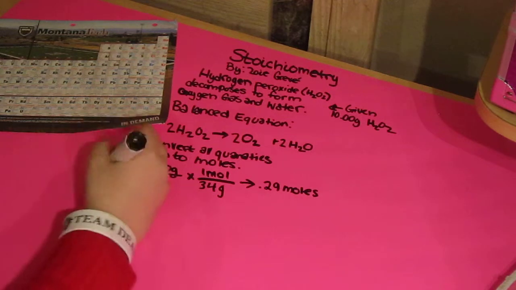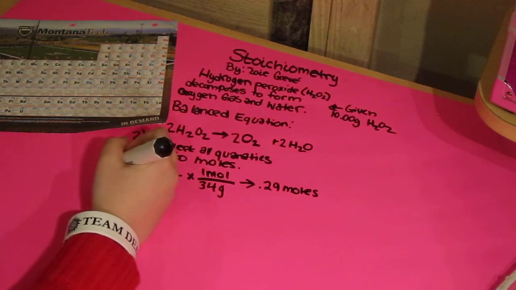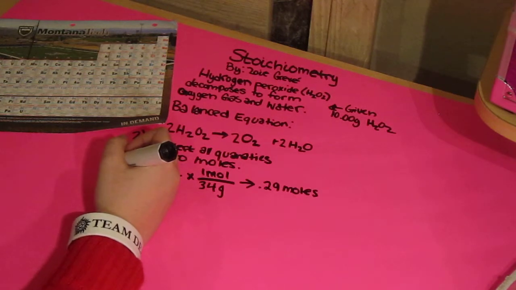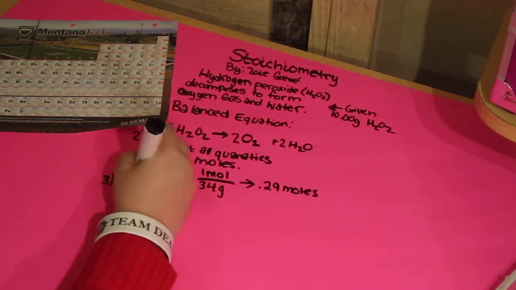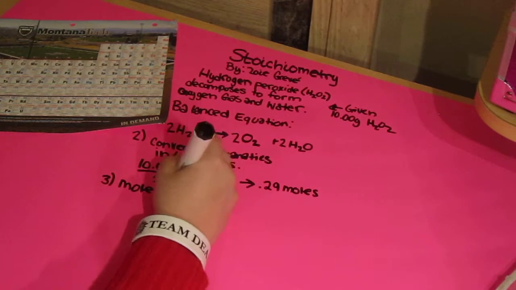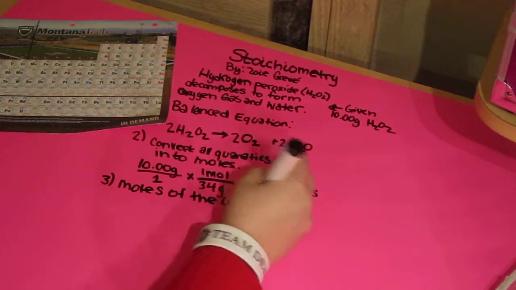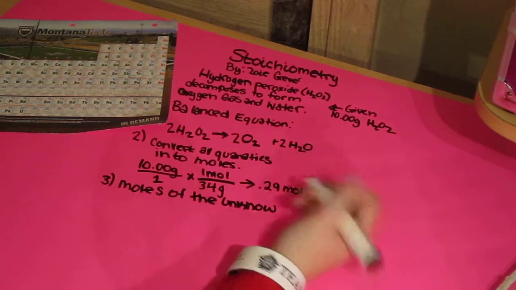Okay, and now step 3 is you use the mole ratio to find the moles of the unknown. So that would just be of O2.